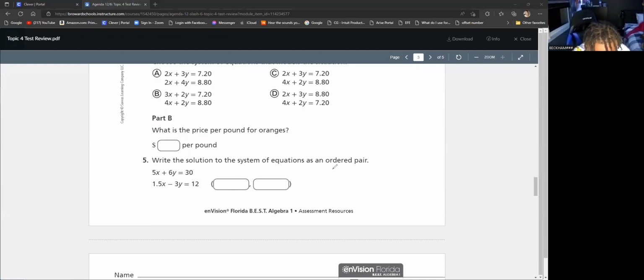What can we do to the second one so it can look like the first one? Look at the coefficients.